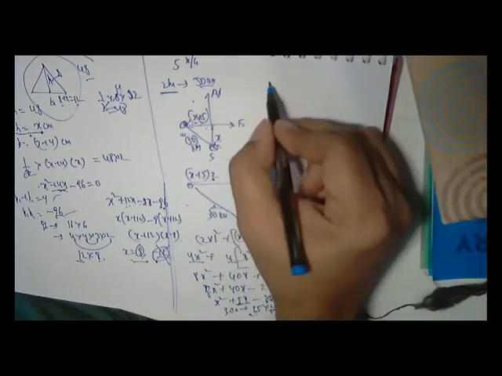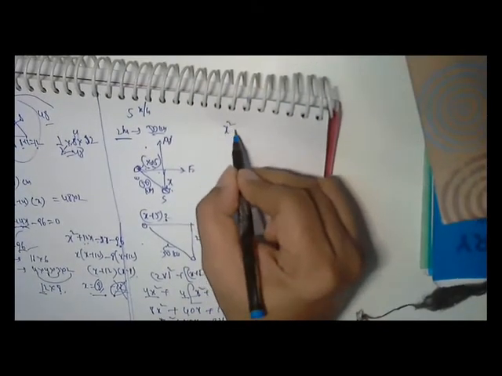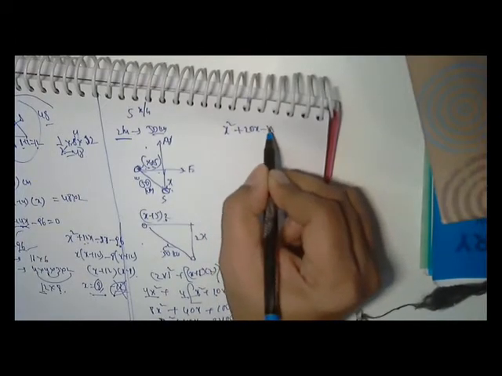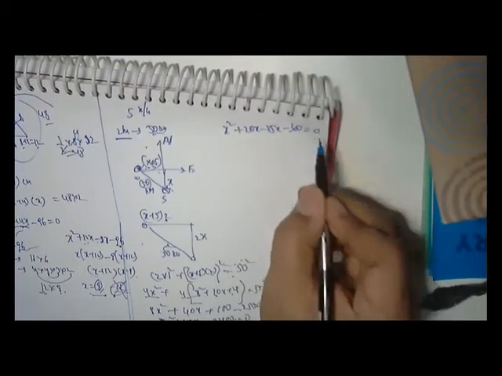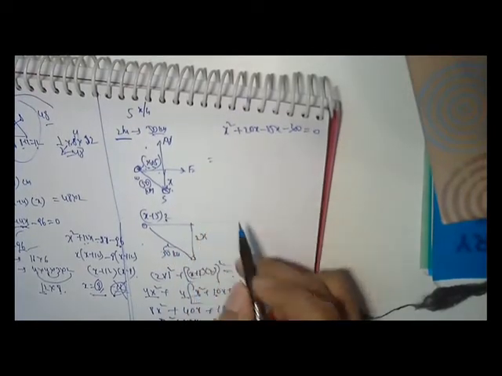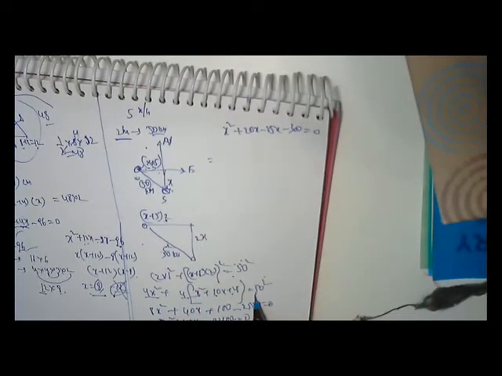So this 5x is changed into 20x minus 15x, so x square plus 20x minus 15x minus 300 is equal to 0. Why is it equal to 0? Because I brought this 50 square to this side. As it is brought to this side, what is left out here? 0. It is minus, not division. If it were division, then it would be 1. If it is minus, it is 0.